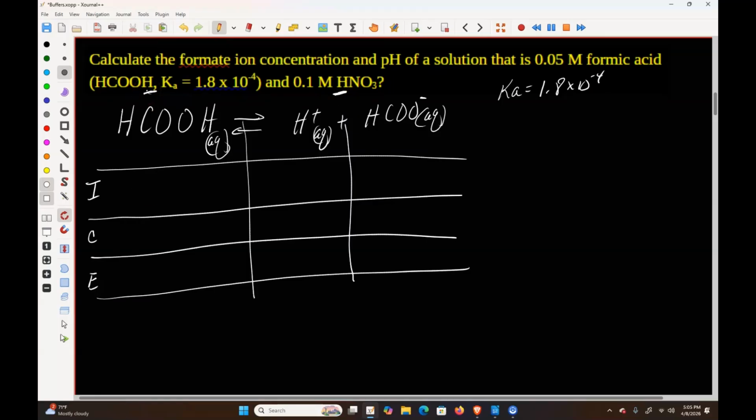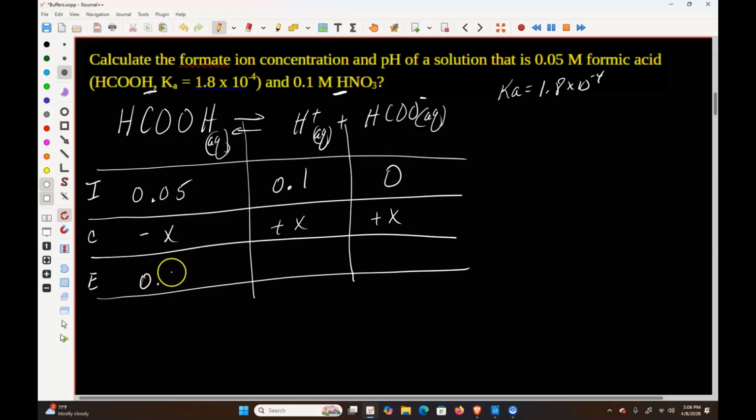So my acid will be 0.05. My strong acid is going to fully ionize. I have no formate ion in the beginning. The change is going to be minus x, plus x, plus x.